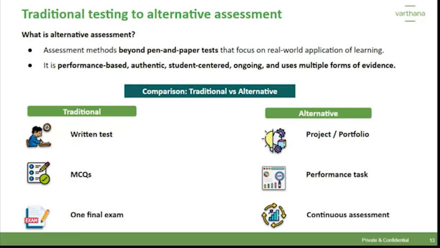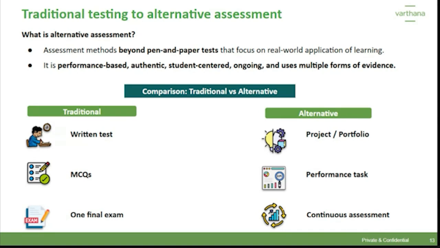So ultimately, the key difference is this: traditional assessment measures what students can recall under pressure, while alternative assessment focuses on what students can do with what they have learned. I hope that till here you understood why we are focusing on going beyond traditional testing.